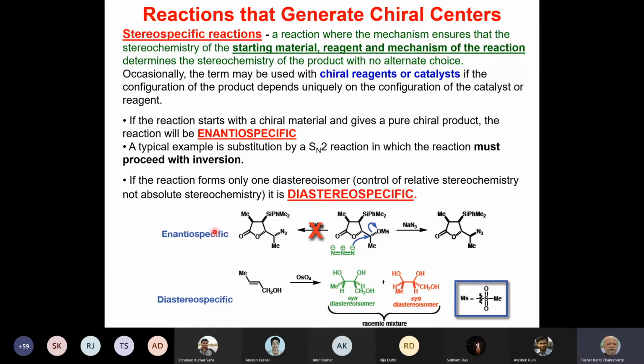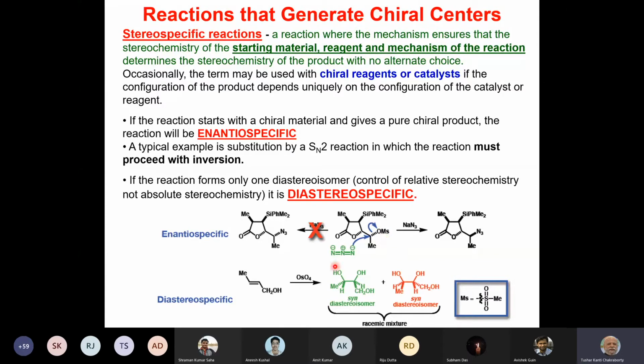So one example I have given at the bottom is an enantiospecific reaction. I have a complex substrate as shown here. You can see there is one chiral center, and at this chiral center, initially we had an OMs. MS is a methane sulfonate, and this is a good leaving group basically. So we are doing an SN2 kind of reaction.